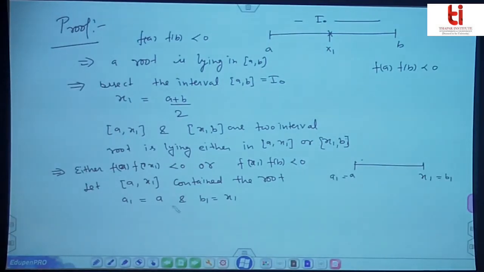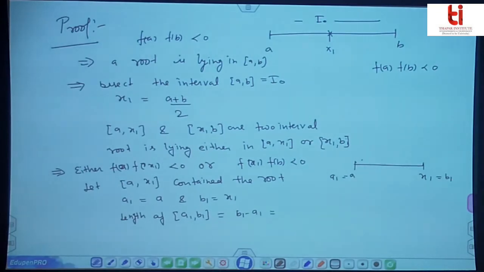What is the length of the new interval? Length of [a1,b1] equals b1 minus a1.